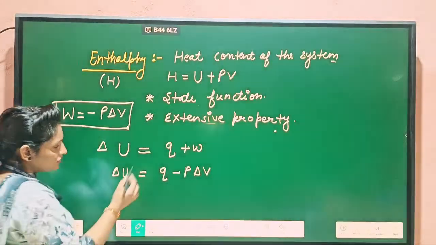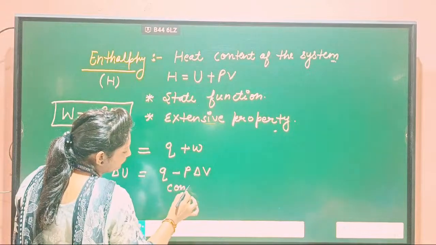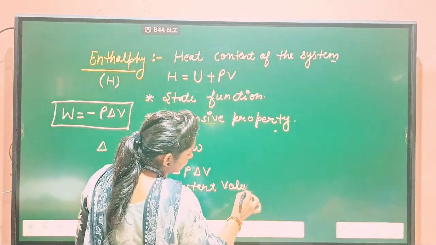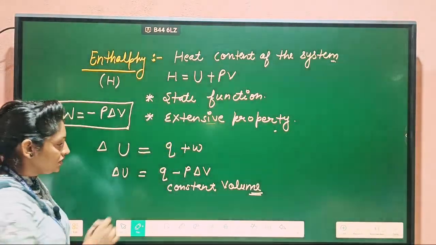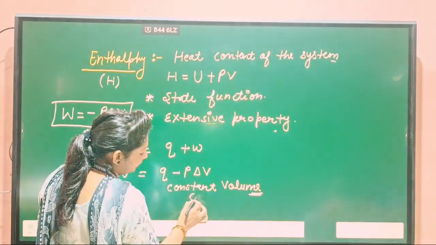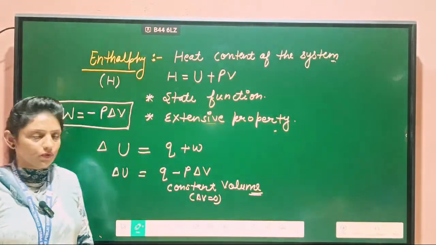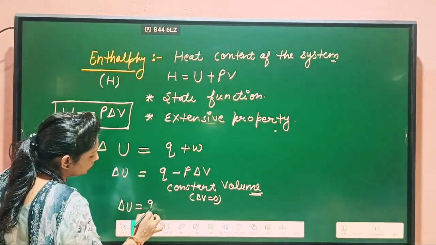Okay, then students, if we have constant volume, an isochoric process, what will happen? Del V, the change in volume, will be 0. Then I can write del U is equal to QV.